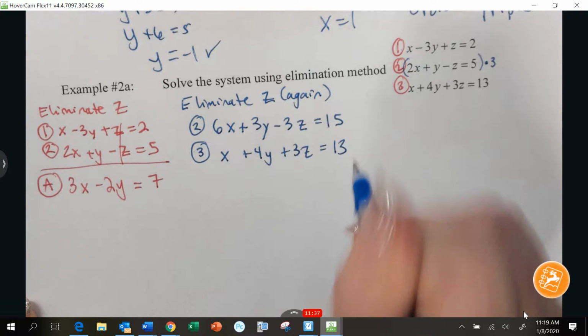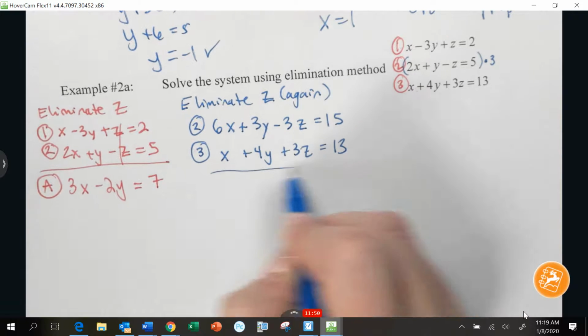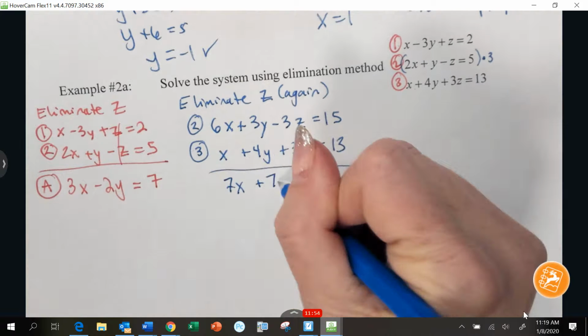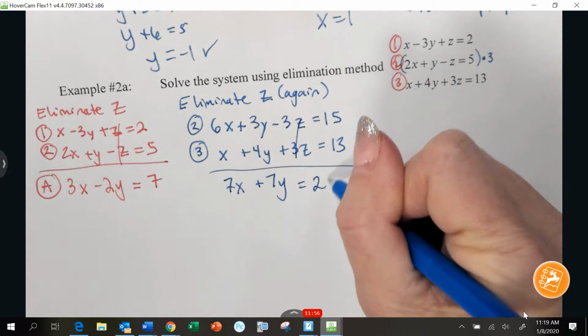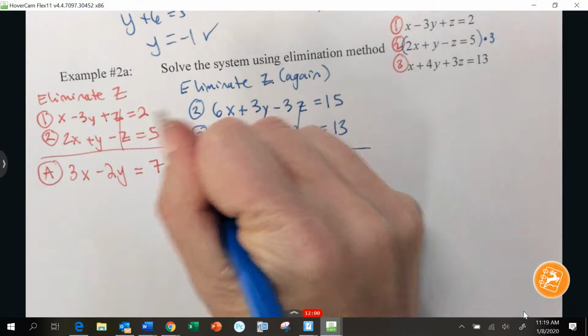You guys check my work. So when you multiply that 3, sometimes people forget to multiply one of the numbers by 3. Just silly mistakes. Then we're going to add those together. And I'm going to call that equation B.